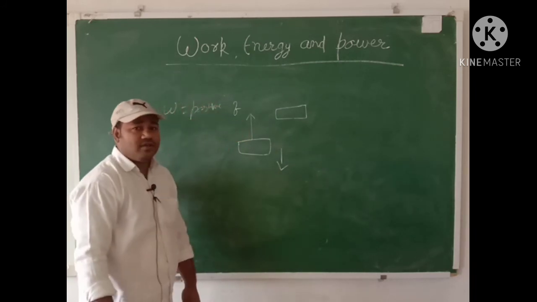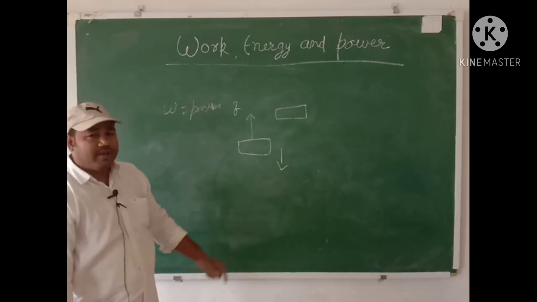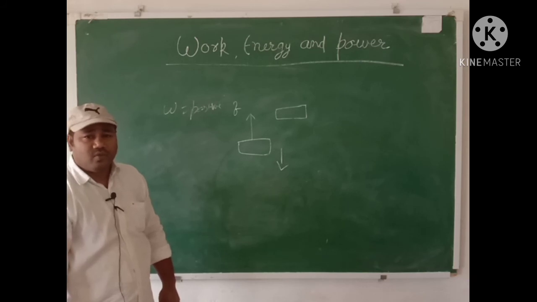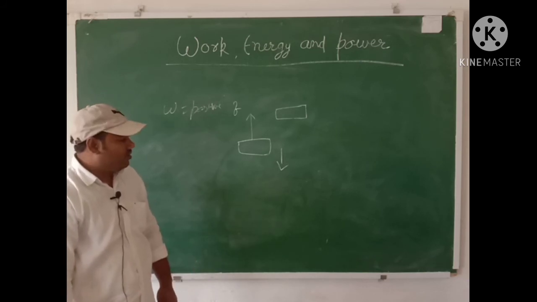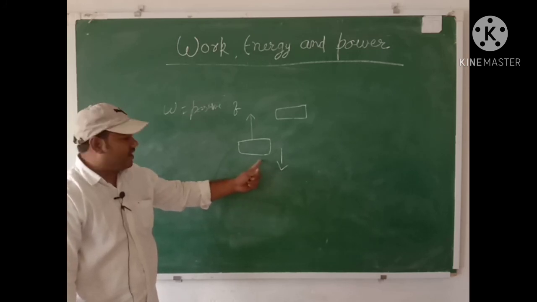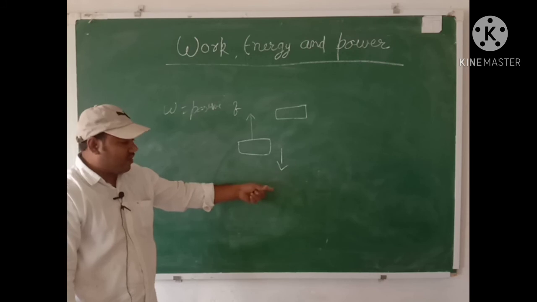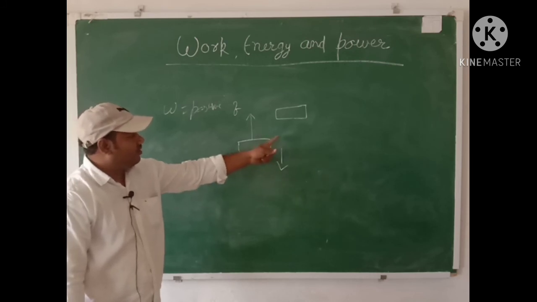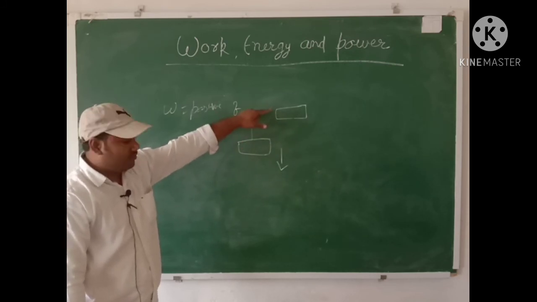So if I ask, what is the work done by the gravitational force? Here the force is being applied by gravity in the downward direction and the brick is shifted upward.